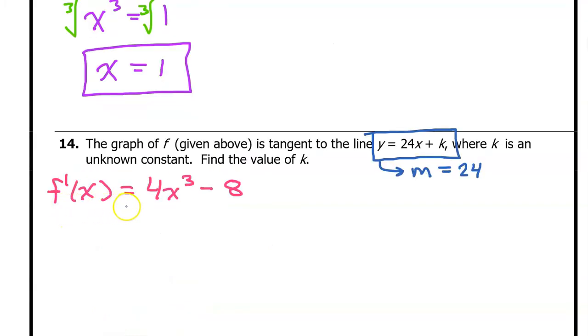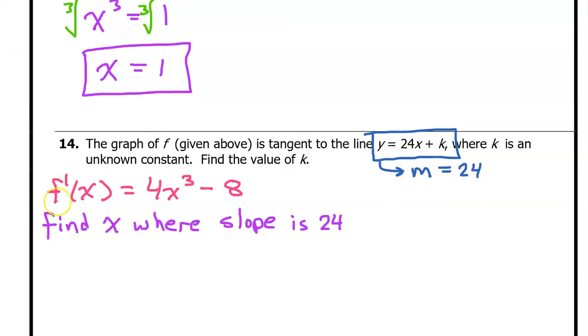F prime tells us the slope of function f at any x value. At the point of tangency, the slope should equal 24, the slope of the tangent line. Let's find the x value where the slope will be 24. In other words, f prime should equal 24, which means 4x to the third power minus 8 should equal 24.